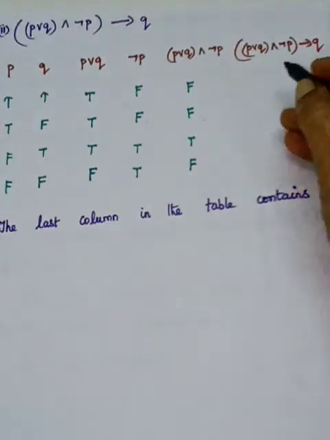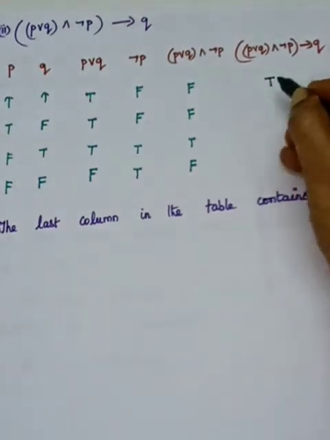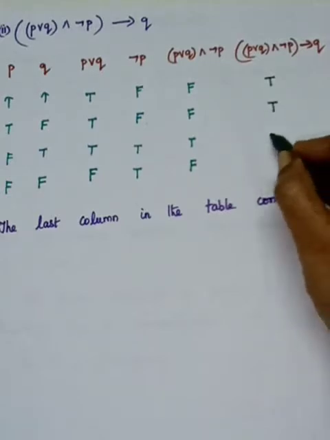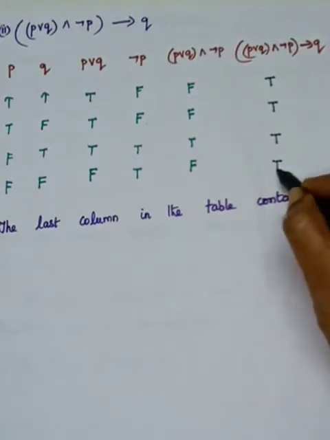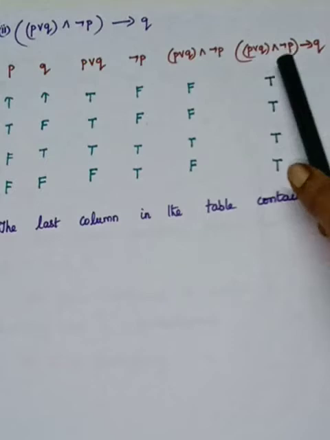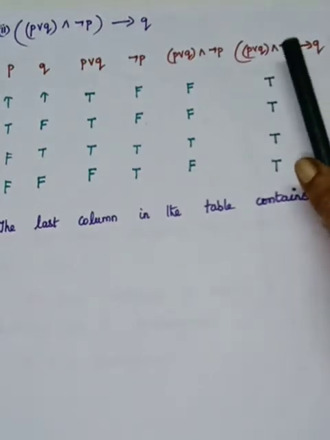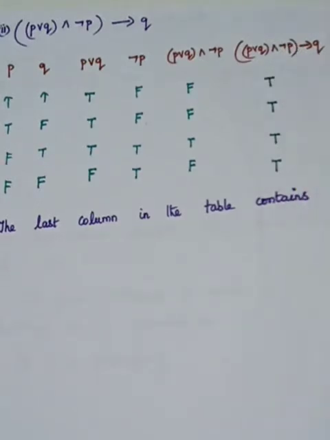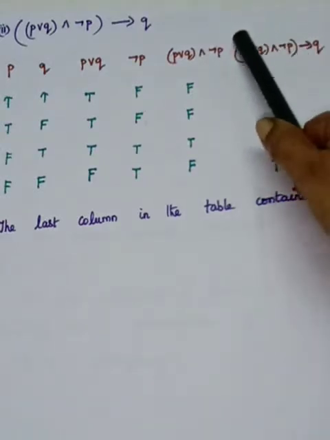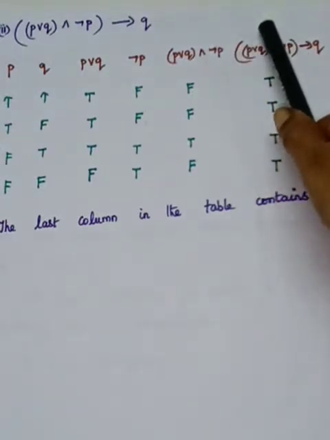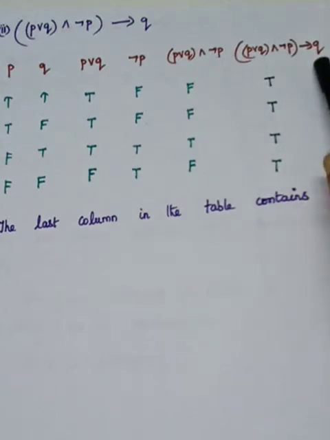So therefore here it is true. Here also true. Here also true. Here also true. I'll repeat again. So it is a conditional statement. For this conditional statement, you have to see only one condition. The first statement place, you should have T. And the second statement place, you should have F. Both has to occur.